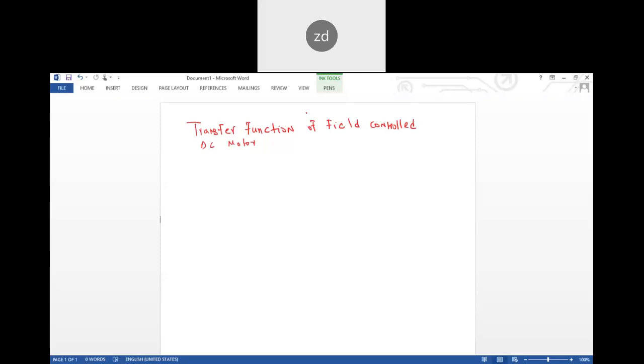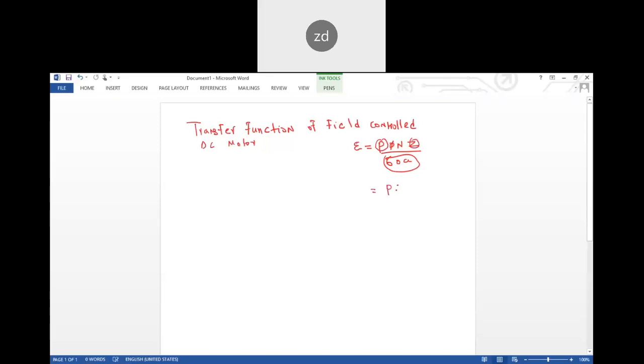So before going to the motor, let me explain the EMF equation for the motor, given by P phi N Z by 60A. Here, the 60A, the Z and the number of poles will be constant, whereas the flux varies.